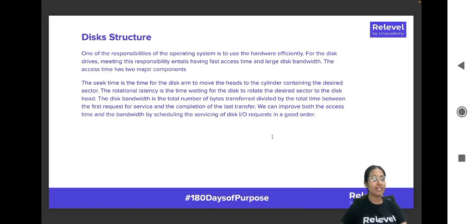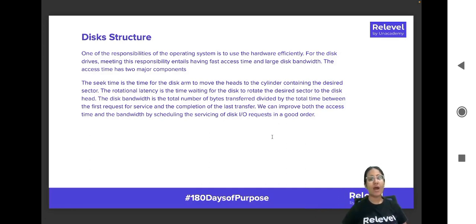And what is disk bandwidth? It is the total number of bytes transferred divided by the total time between the first request for service and the completion of the last transfer. That tells you the bandwidth of a disk.